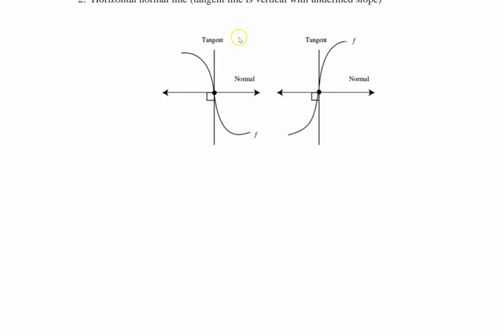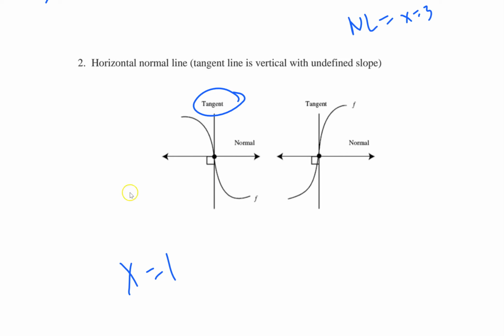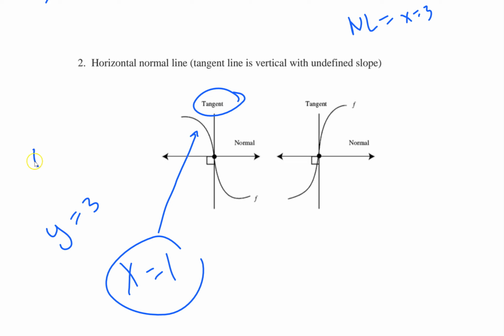Let's say your tangent line, when you did that, you just got x equals 1, right, like this. Well, how do you find out what the normal line is? Because you can't do the negative reciprocal, the slope's undefined. Well, the same idea. If you have your x value, plug it into the equation to get your y value, and let's say the y value is like 3. Well, the normal is going to be y equals the y value.